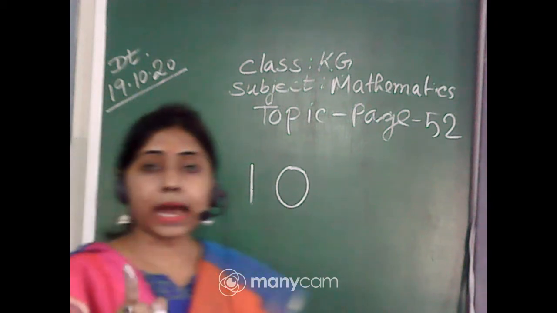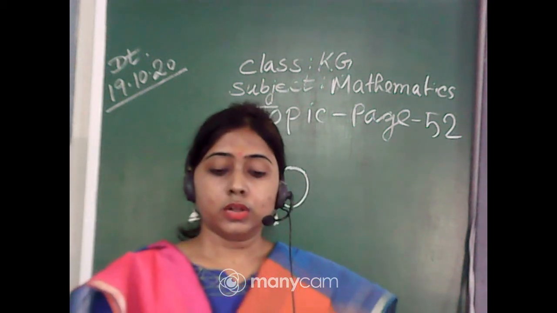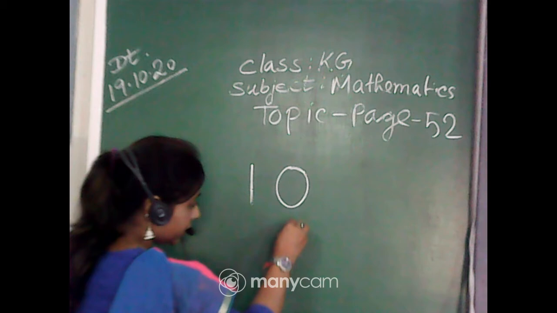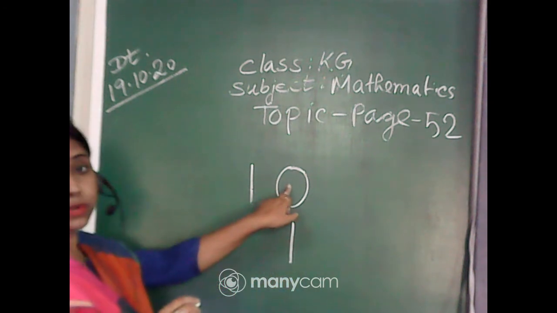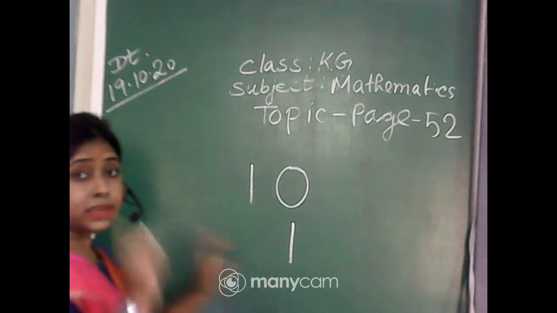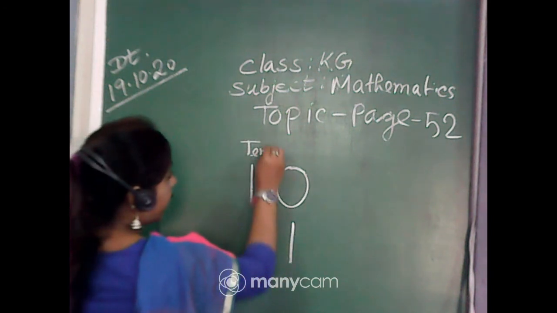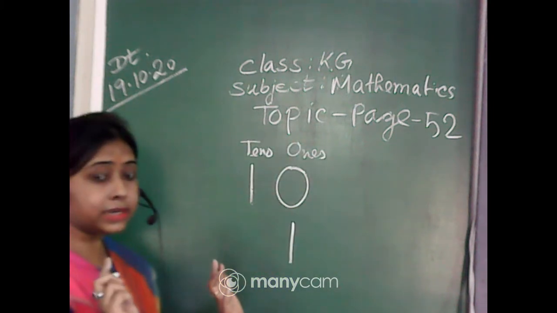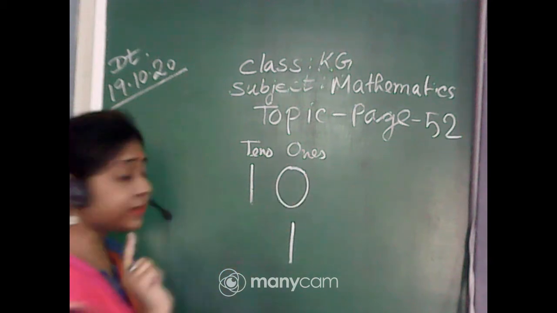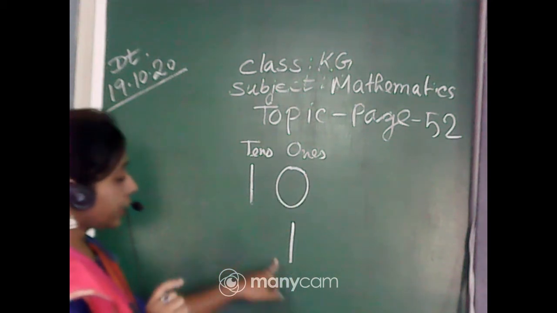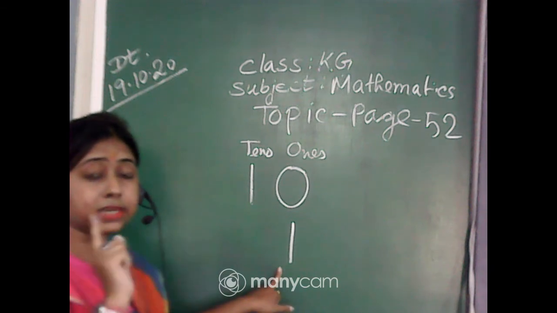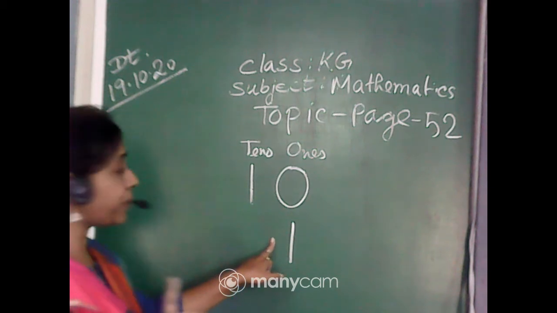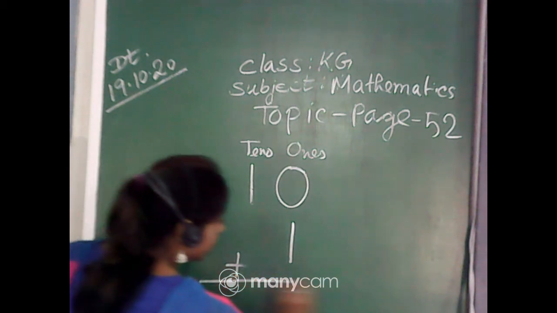Then I want to add 1. So where do I write it? 1 is always written just below the 0, in the ones place. You know, it is the tens place and it is the ones place, which you have already learned. If it is a single digit, you should write it in the ones place. So 10 plus 1 you write like this.